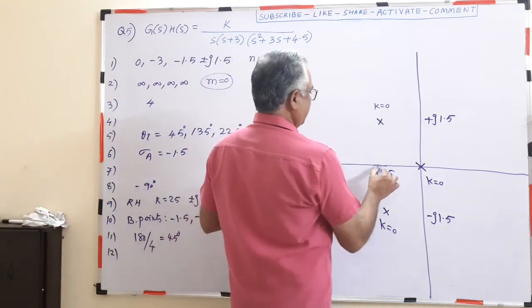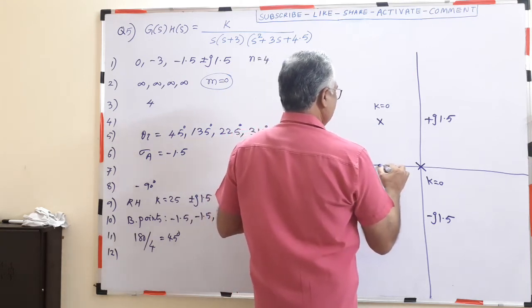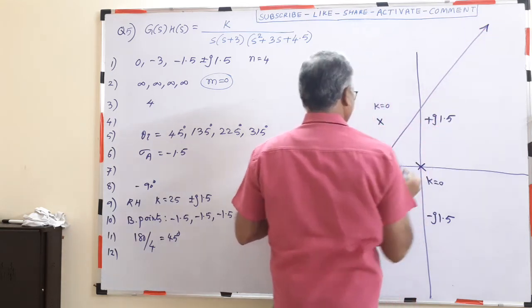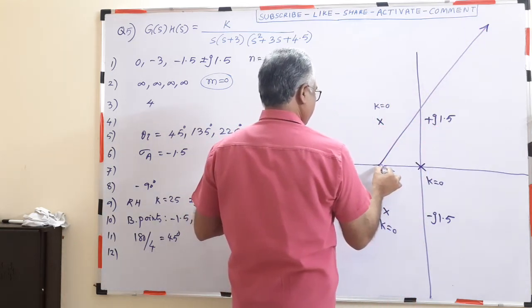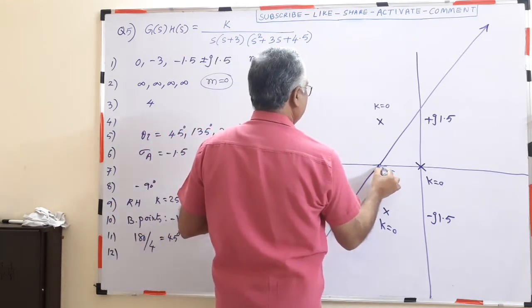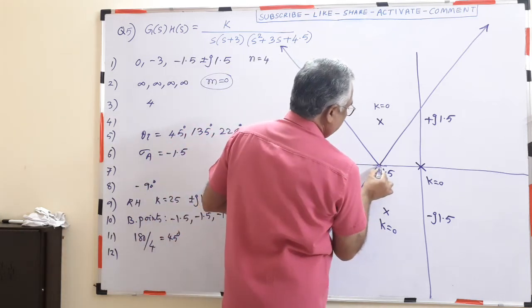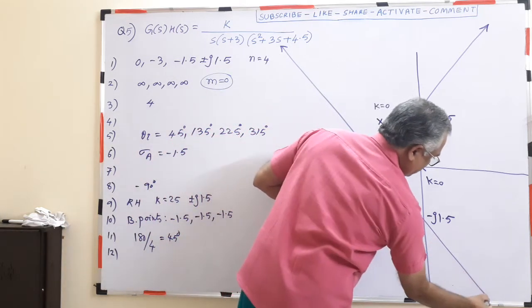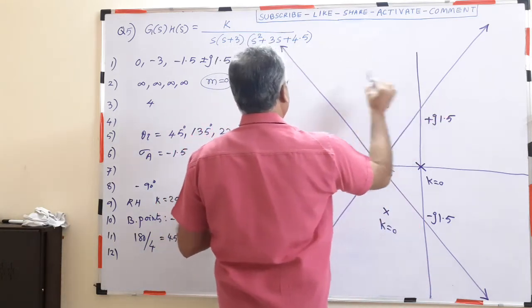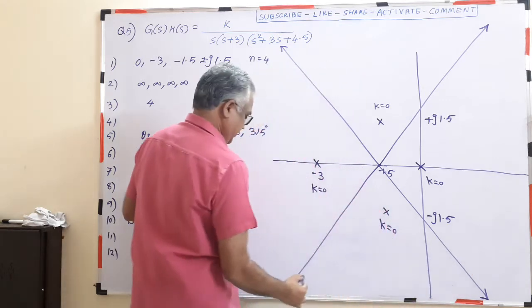So with respect to this point, one asymptotic angle is 45 degrees. So 45, 135, 225, 315.